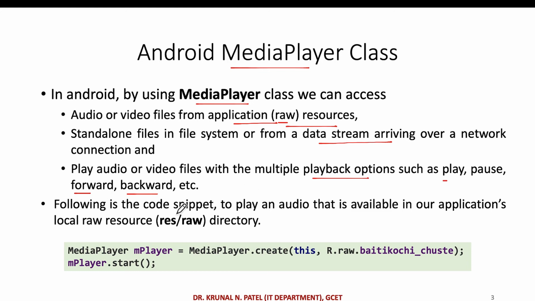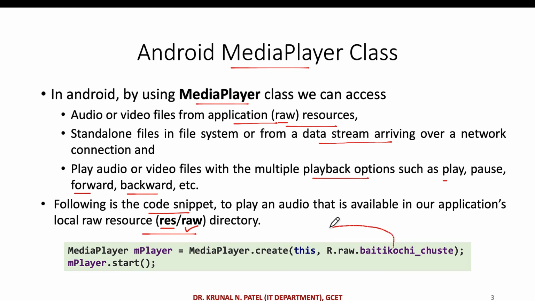Now let's see one code snippet to play audio that is available in our application's raw folder. So as I told you, within a resource directory, you have to create one raw directory. I will show you in the practical example. And within that raw directory, you have to store this audio file.